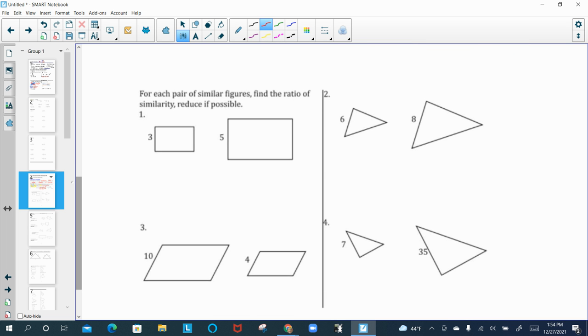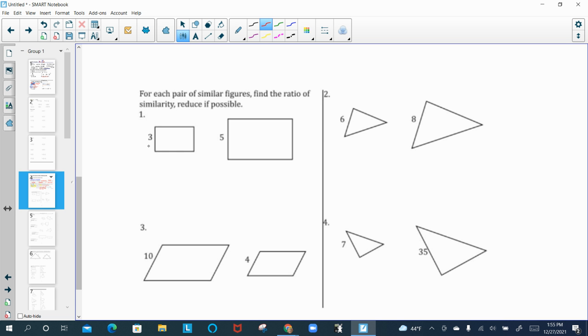So if you look at questions 1 through 4, they're asking you to find the ratio of similarity, that's the similarity ratio or the scale factor, and reduce if possible. But notice they're not telling you that you have to do a particular order of comparison.